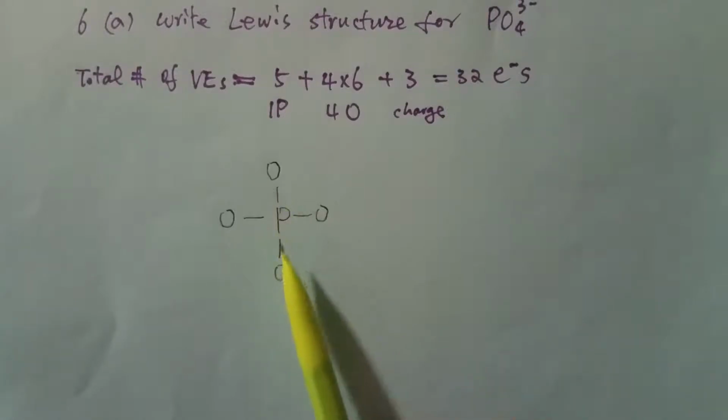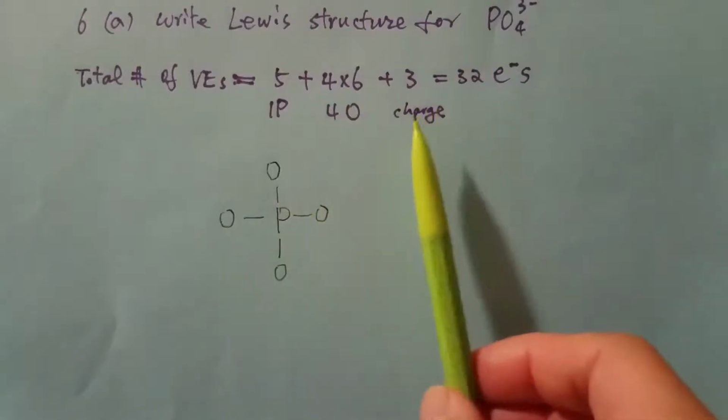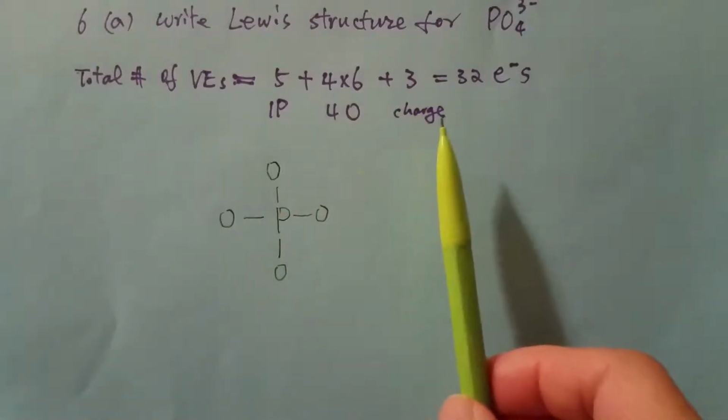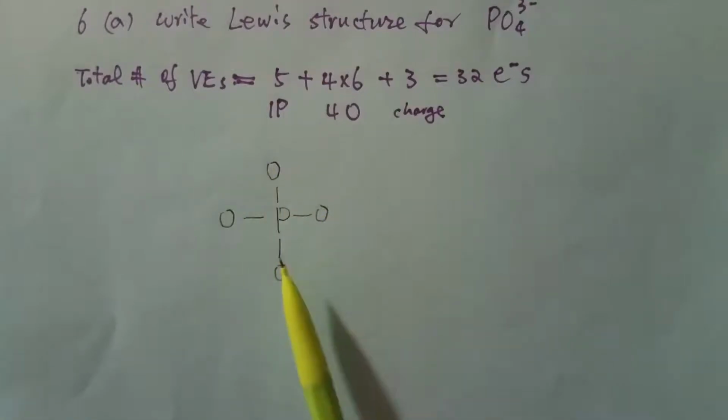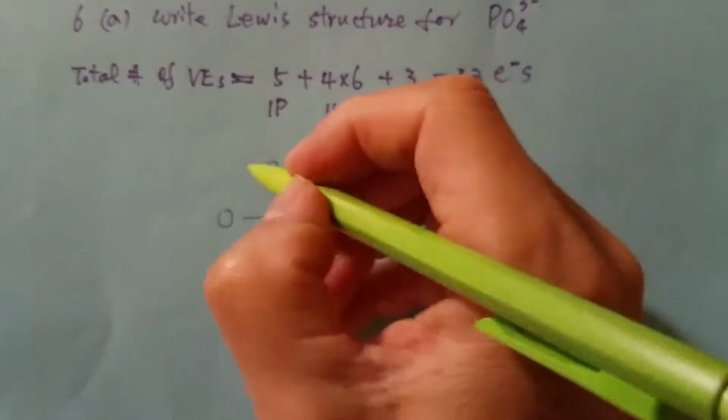First, let's just write a single bond to each. Then we'll assign the remaining electrons to the surrounding atoms and make sure they satisfy the octet rule.